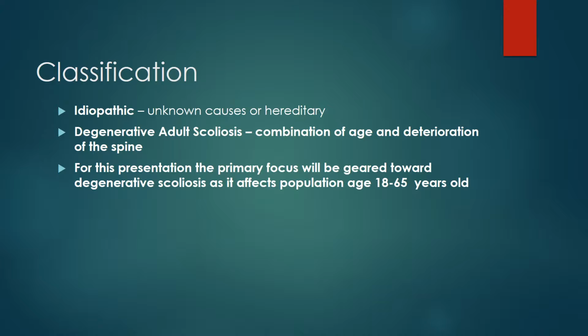It could be from osteoporosis, spinal injuries, traumatic injuries, or some form of degenerative process. For this presentation, the primary focus will be geared towards degenerative scoliosis as it affects age 18 to 65 years old.